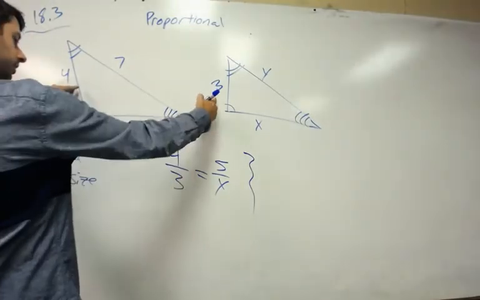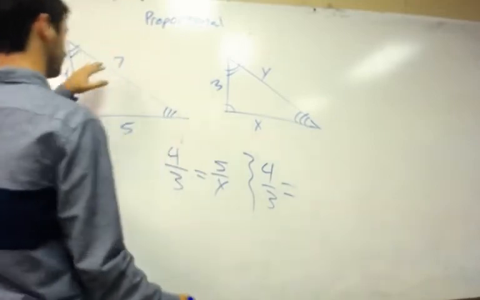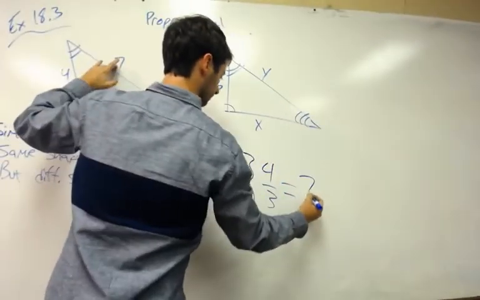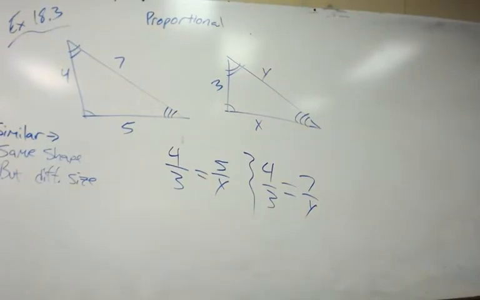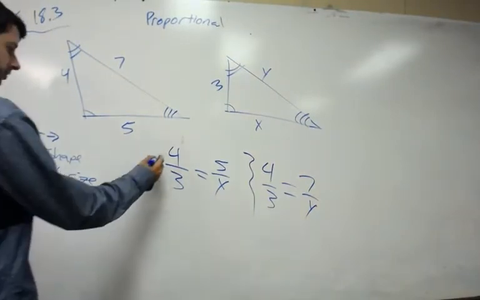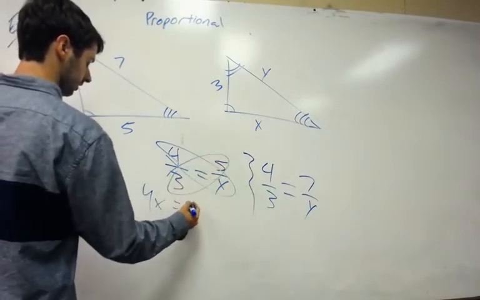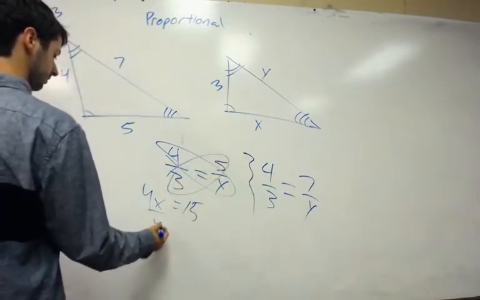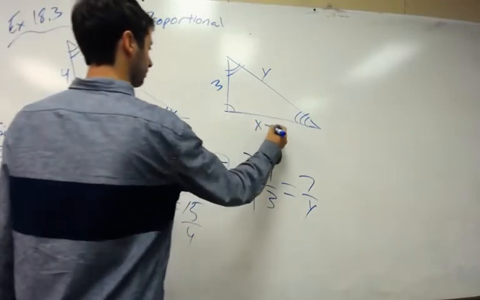But when we solve for y, we're also going to do the same thing. 4 over 3 equals 7 over y. And just notice that everything correlates. And then you can solve for both of them. 4x equals 15. So x is 15 over 4.